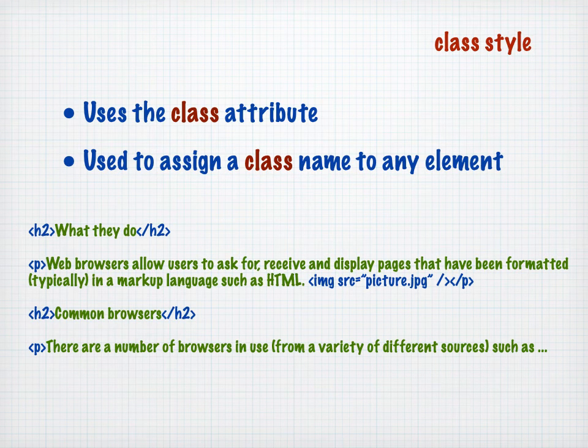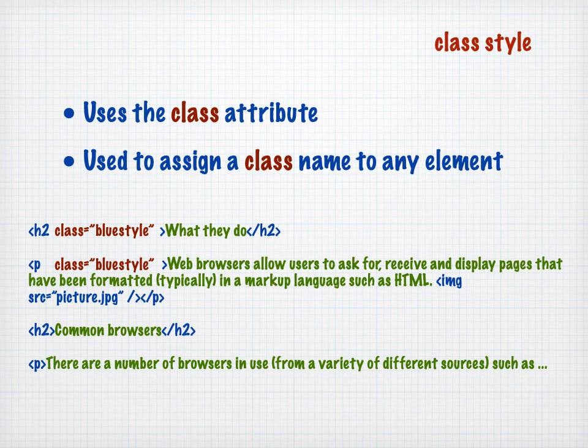Now, classes, again, we have to add a name into the document, into the HTML. And the way that we do that is we simply add in this attribute called class. So we go class equals, and then we make a name up. So in this instance, I've called it blue style, not a particularly brilliant name, but it'll work. And of course, what we want to do is we want to apply it to that H2, but we also want to apply it to this paragraph.